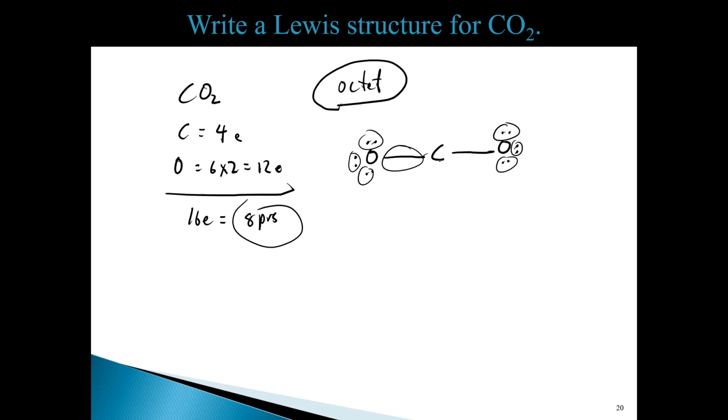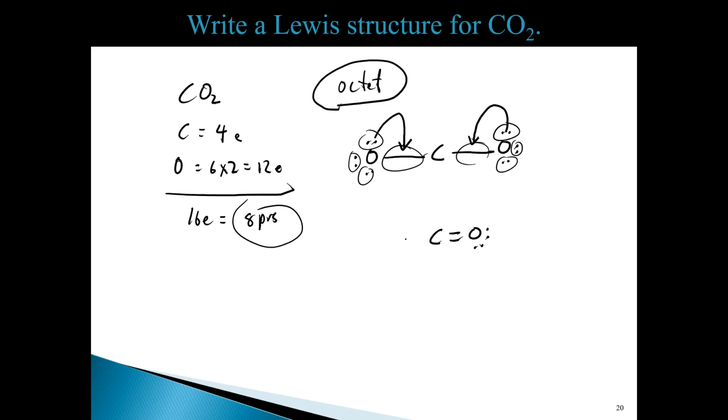However, in the case of carbon, carbon only has 2 pairs, right? Or 4 electrons on its outer shell. The carbon needs to have 8, and the best way that happens is that this pair of electrons come here to form a bond. This pair of electrons come here to form another bond, and therefore the final structure for carbon dioxide will be this.